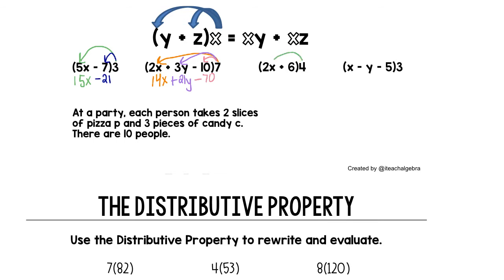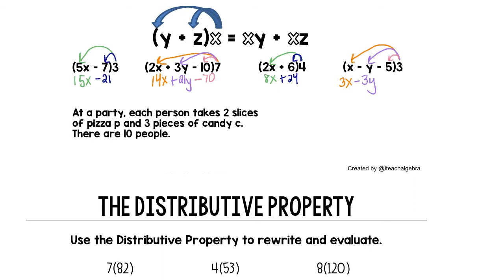All right, we've got 4 times 2x, that's 8x. And then 4 times +6 is +24. Last but not least, 3 times x is 3x. 3 times -y is -3y.